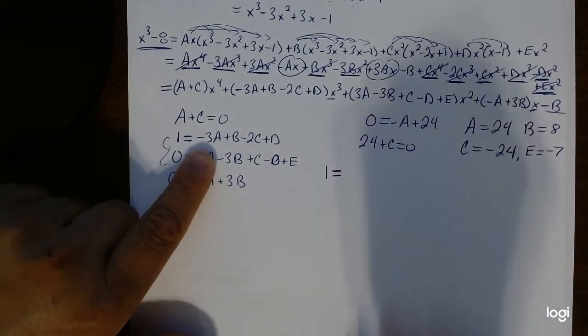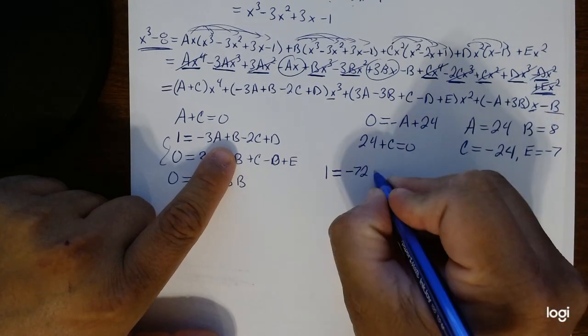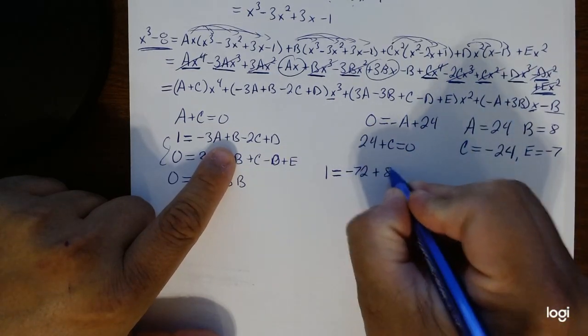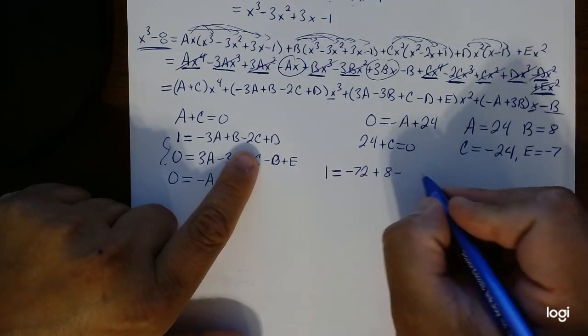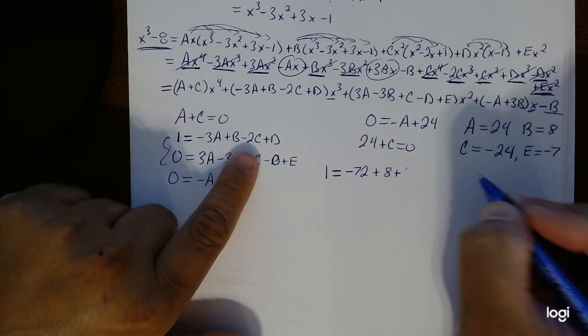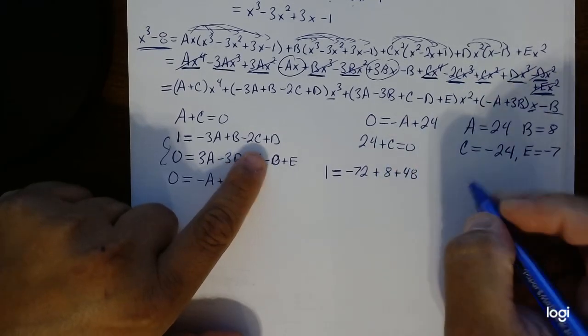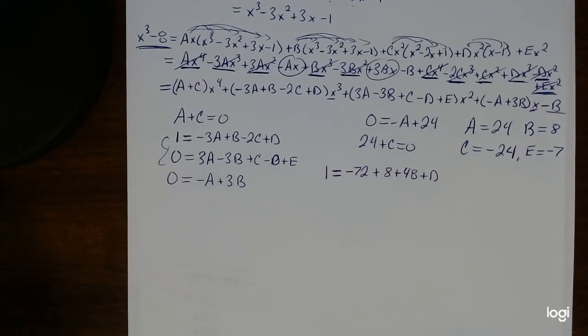is negative 72. So negative 72 plus b, which is 8, minus 2 times c. So that's going to be positive 48 plus d. And then just solve for d.